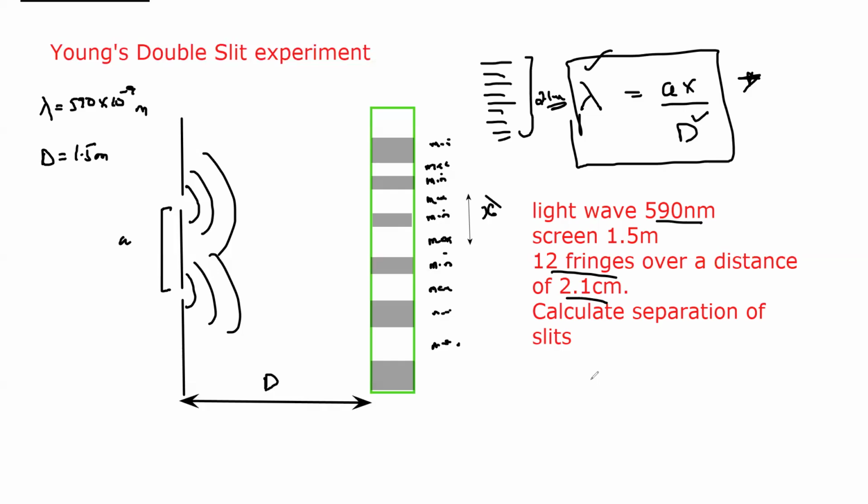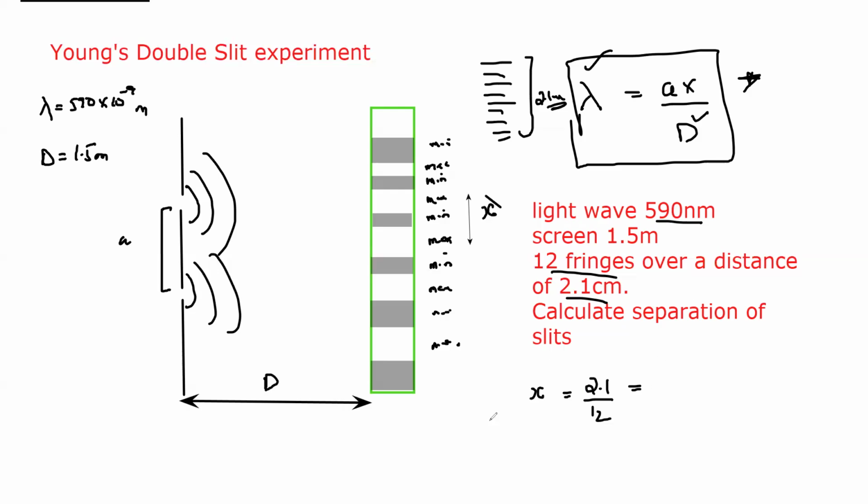So it will be 2.1 divided by 12. That will give us the value for X. Because 2.1 centimeter is the distance over which he measured the 12 interference fringes. So for 1, it will be divided by 12.